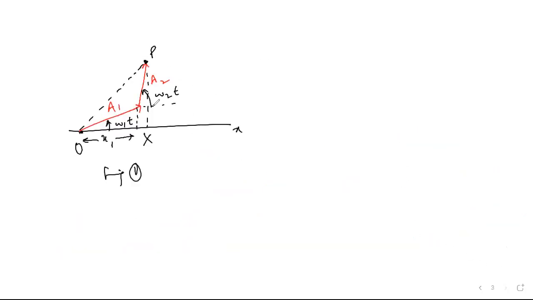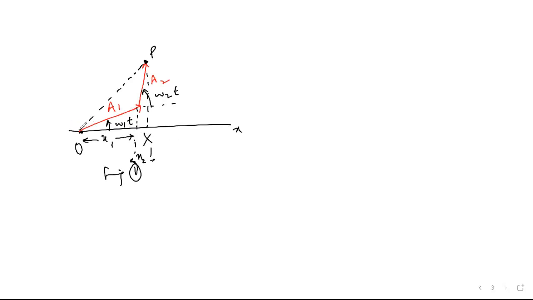And then the second vector with length A2 making omega 2t angle with x-axis represents the second SHM, right? So its projection, that is this length, is just x2, where x2 is A2 cos omega 2t, right?